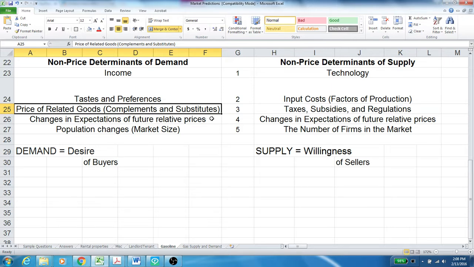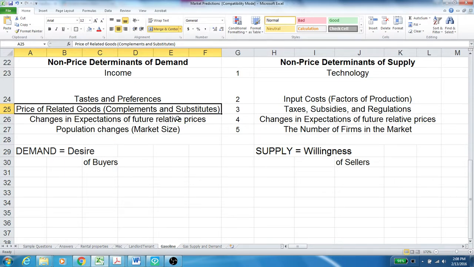An increase in the cost of a substitute will cause a decrease in the demand for that substitute, and an increase in the demand for our product. So substitutes and complements are tricky, and you want to make sure you pay careful attention to what the effect on the demand for our product is when we're talking about another product or related good.